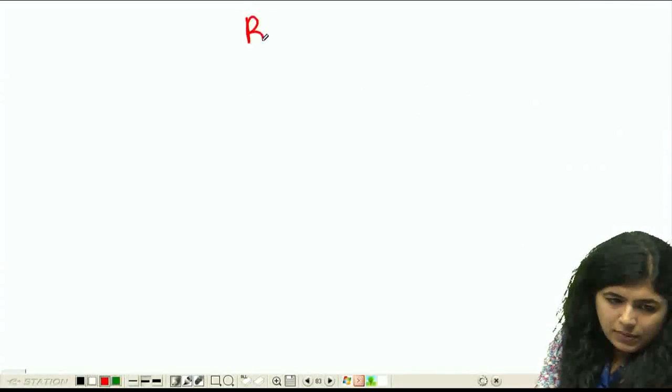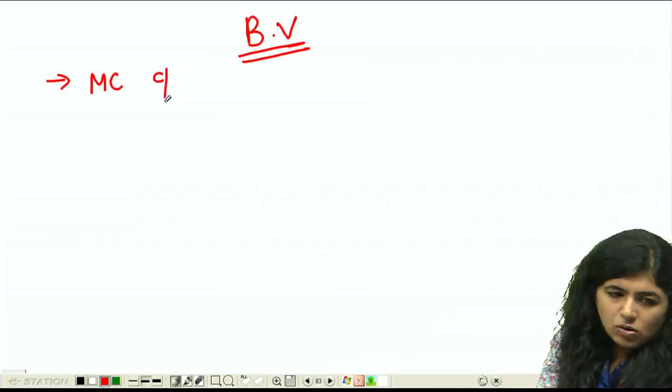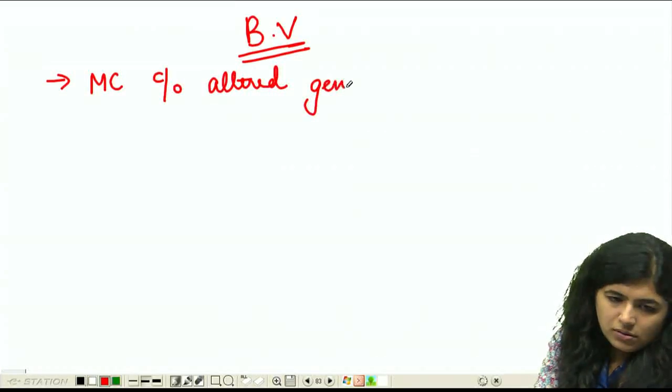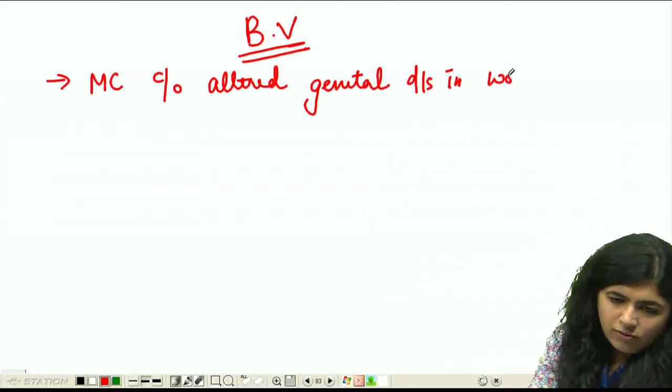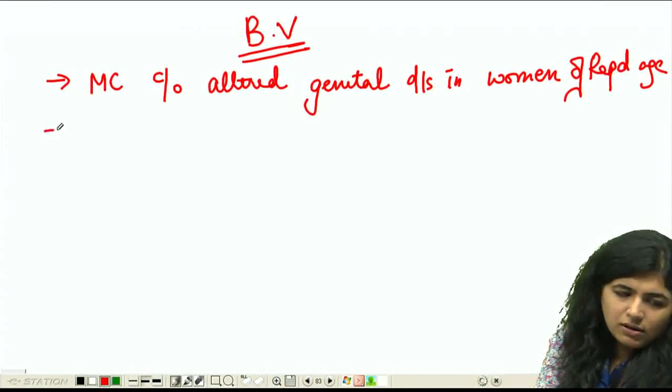What is bacterial vaginosis? Tell me. This is the most common cause of altered vaginal discharge in women of reproductive age, means in sexually active women.